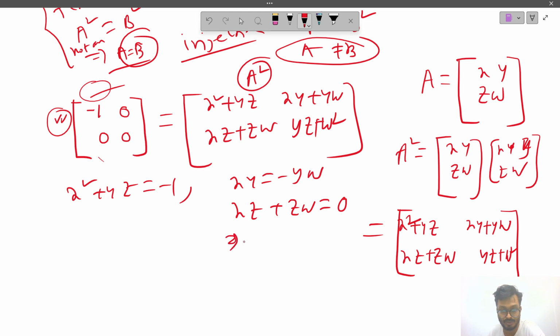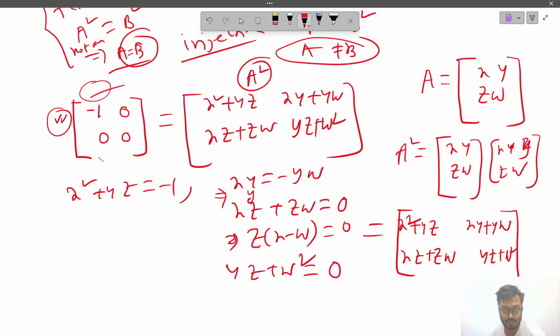So that means z into x plus w equals 0, and also yz plus w square equals 0. From xy plus yw equals 0 we also get y into x plus w equals 0.